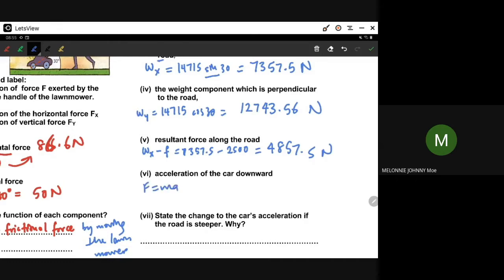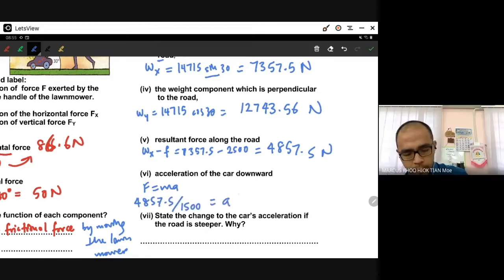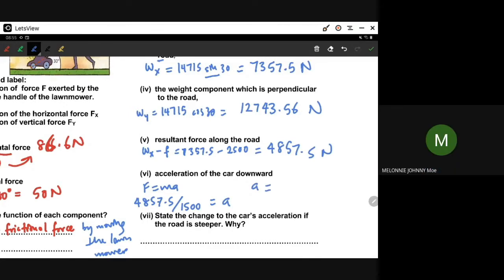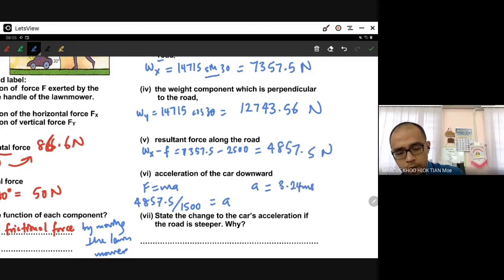So 4857.5 divided by 1500 kg. A is equal to 3.24 m/s². Okay, so far so good.